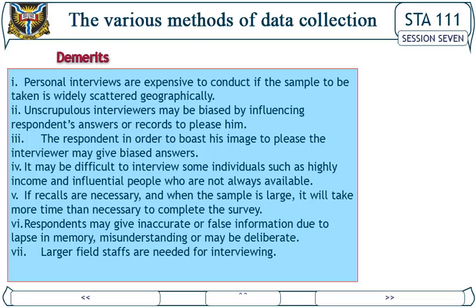It may be difficult to interview some individuals, such as high-income and influential people, who are not always available. 5. If recalls are necessary and the sample is large, it will take more time than necessary to complete the survey. 6. Respondents may give inaccurate or false information due to lapse in memory, misunderstanding, or it may be deliberate. 7. Larger field staff are needed for interviewing.